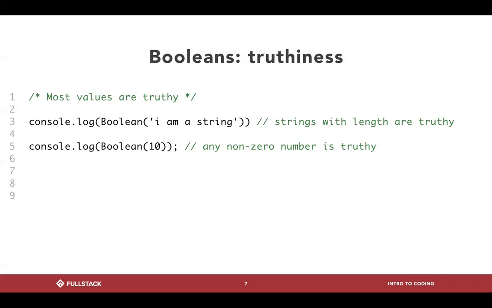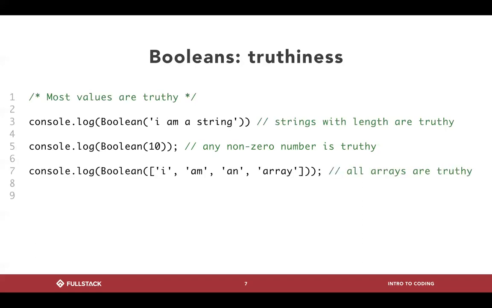The same thing can be done with any non-zero number. Any non-zero number, if I put it in here, will change to true. The same thing with an array. If I take an array and place it into these Boolean parentheses, this Boolean constructor is what this thing's called, and try to make it into a Boolean, it will come out as true.